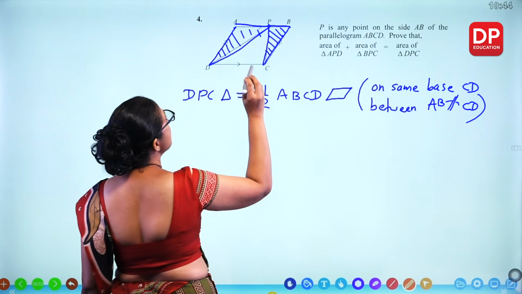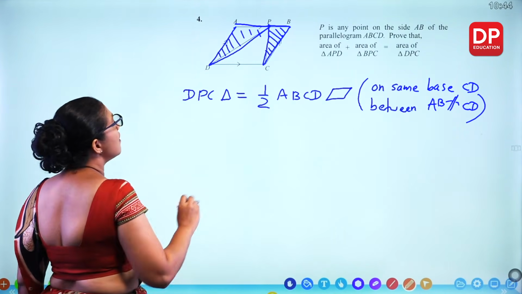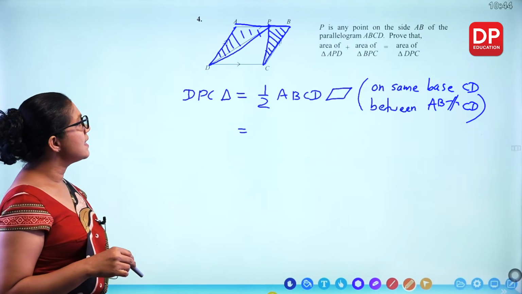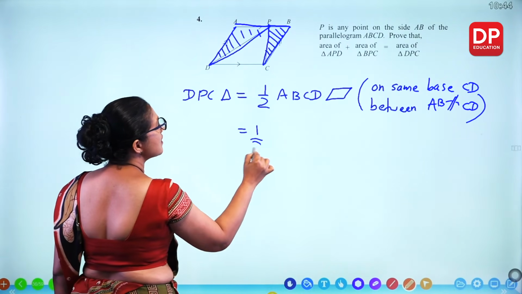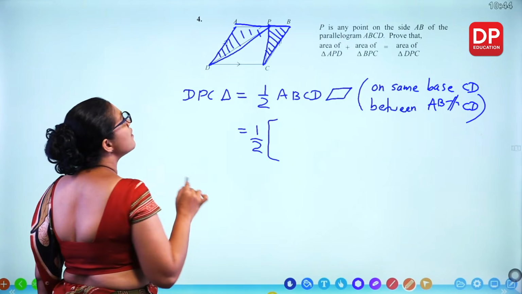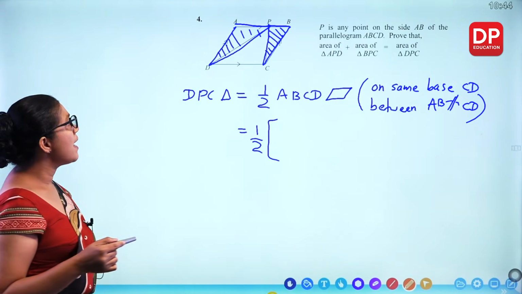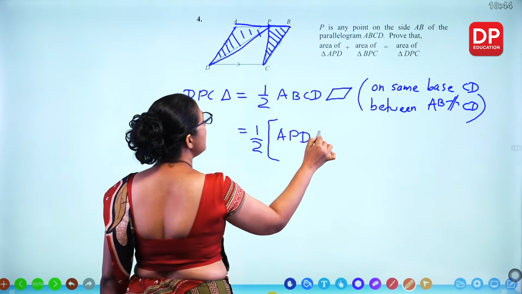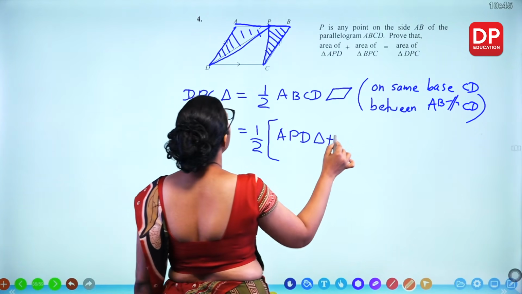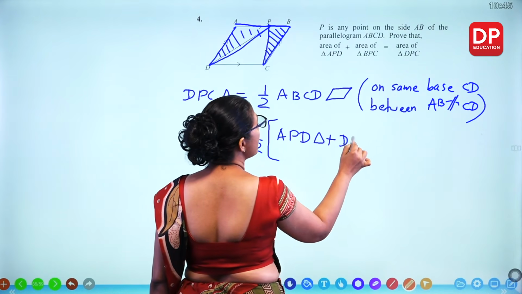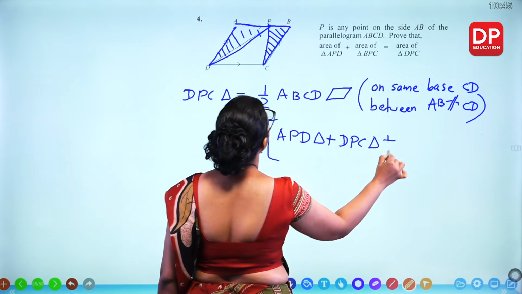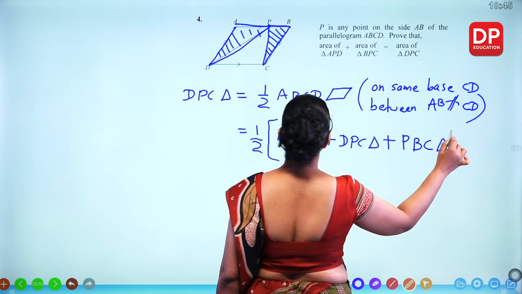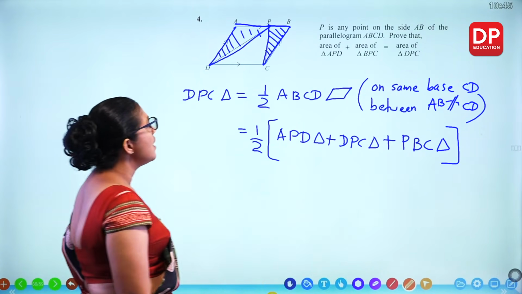And when you look at the diagram, if I add all these triangles here instead of ABCD, what can I write? Half of, without writing ABCD parallelogram, I can write APD triangle plus DPC triangle plus PBC triangle instead of ABCD.